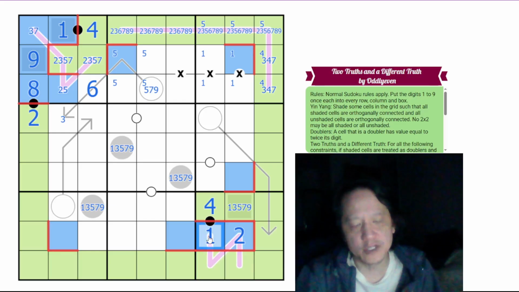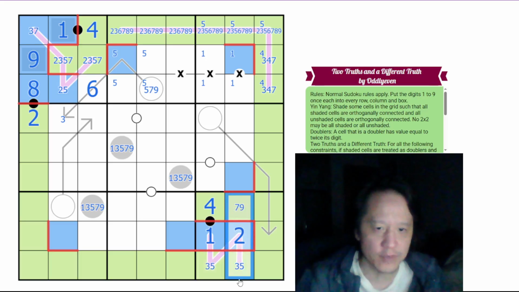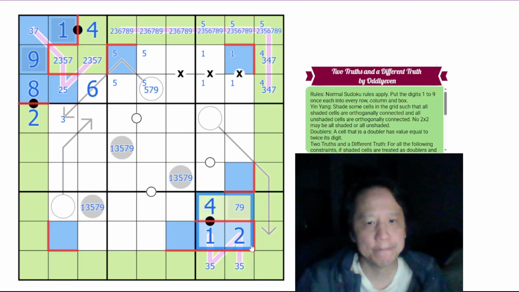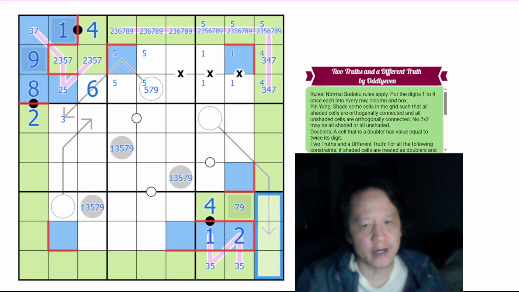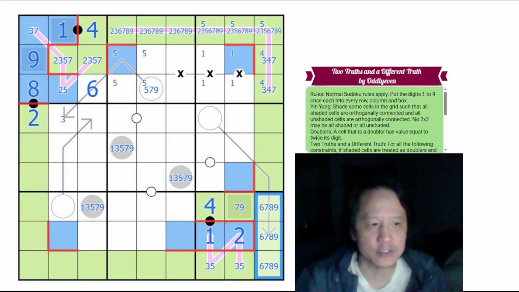So this is 1 doubled, which is 2. 2 doubled, which is 4. We have to have a Renban here. We don't have a value 1, so it has to be 3 and 5. That eliminates 1, 3, and 5 in the rest of the box. So the rest of the box has to be 6, 7, 8, 9. Ooh, that's interesting.